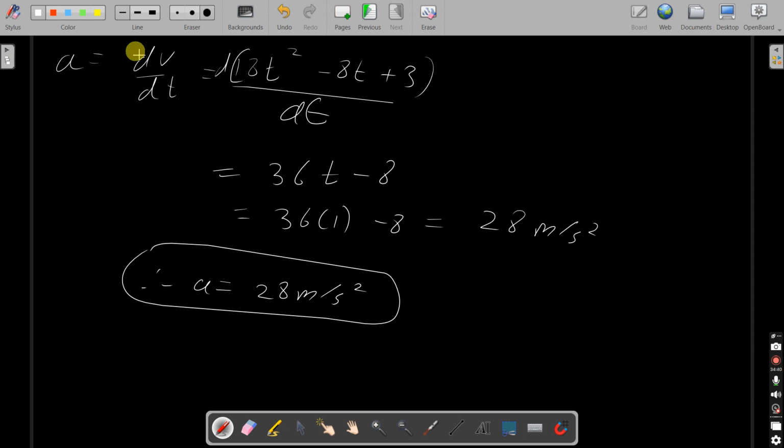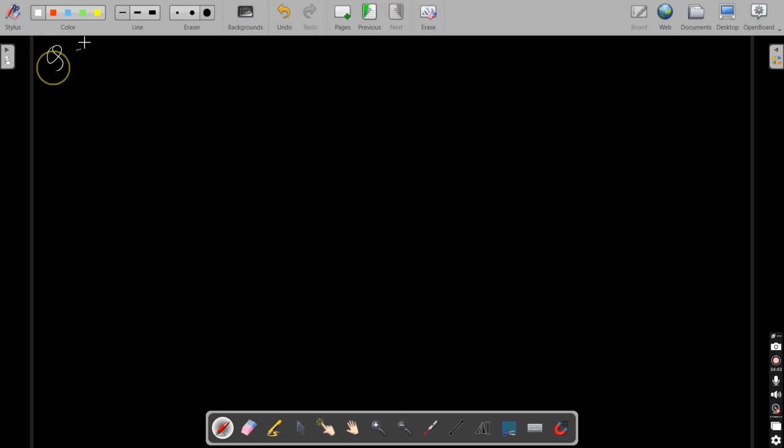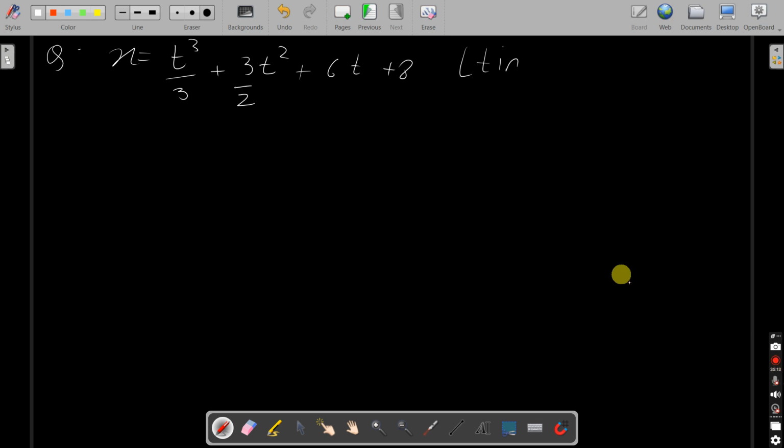Come back. One more question. A particle is moving along the x-axis and its position varies as x is equal to t cubed upon 3 plus pt square upon 2 plus 6t plus 8. t is in seconds, x in meters.